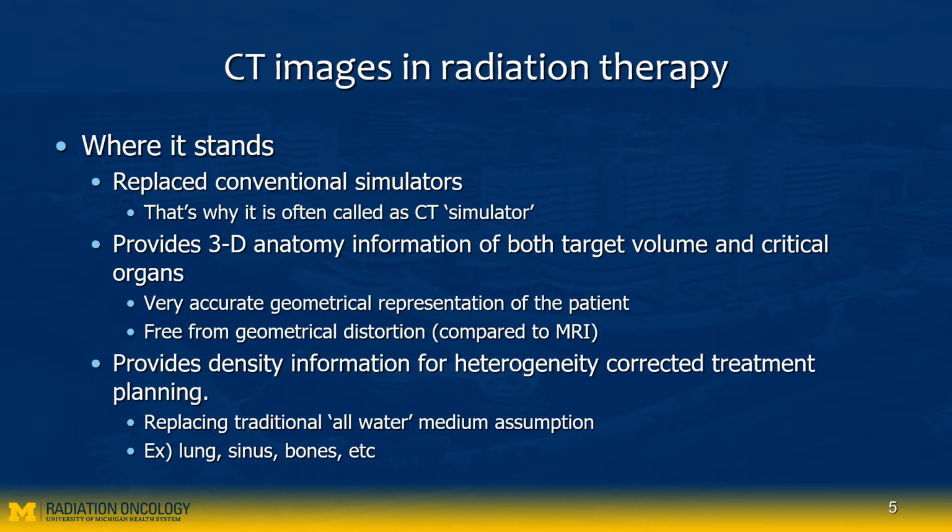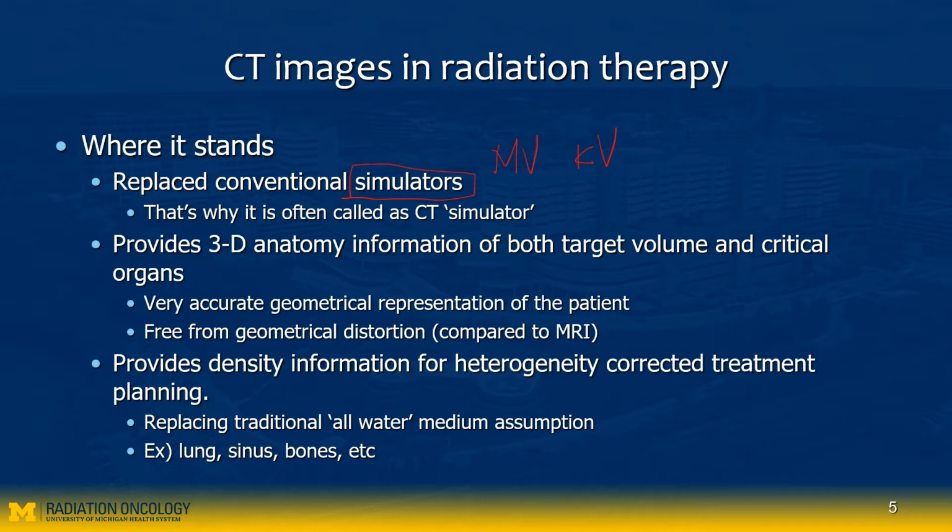So a conventional simulator looks just like our linear accelerator, but instead of having an MV therapeutic beam on the gantry, we have kilovoltage imaging. So it just looks like a LINAC, but instead of a megavoltage source, it has a kilovoltage X-ray.